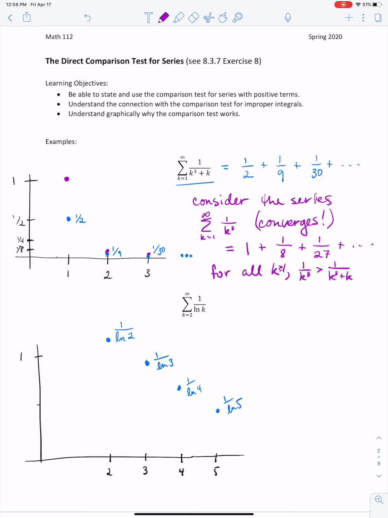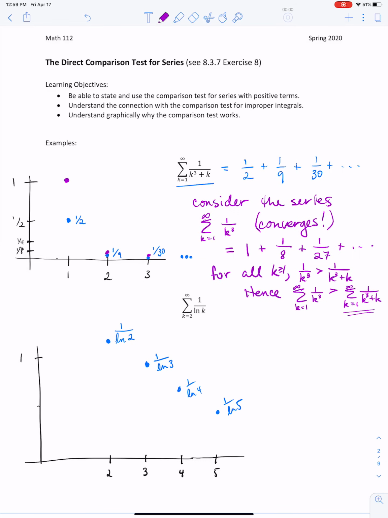And so therefore, when we sum them all up, the sum of 1 over k cubed is always greater than the sum from k equals 1 to infinity of 1 over k cubed plus k. We're interested in this second sum, but what we know is that the sum on the left is finite. So this sum converges.